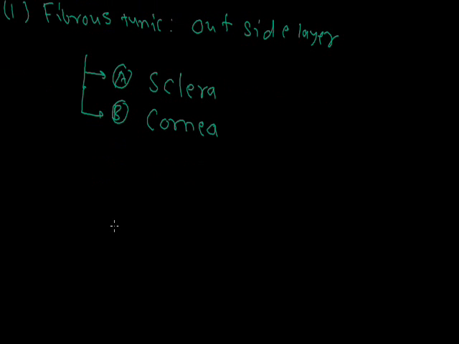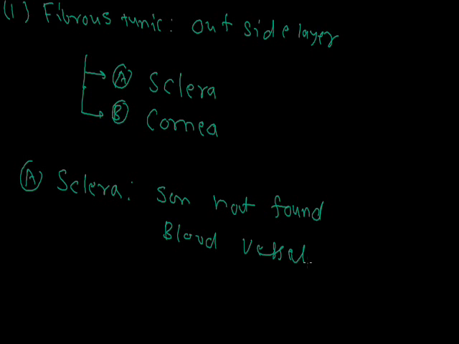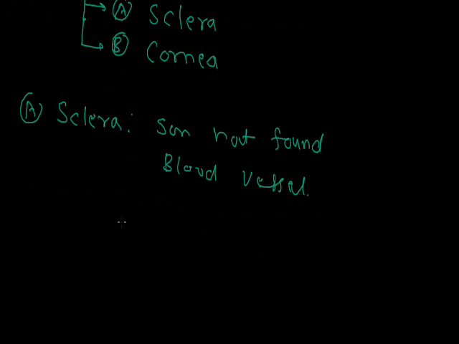Now we'll discuss the sclera. The sclera is part of the fibrous tunic layer, no blood vessels are found in the sclera, and the sclera is white in color.